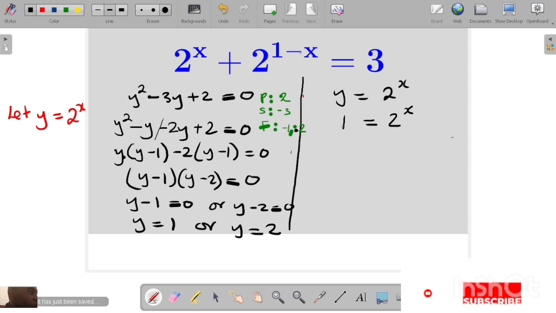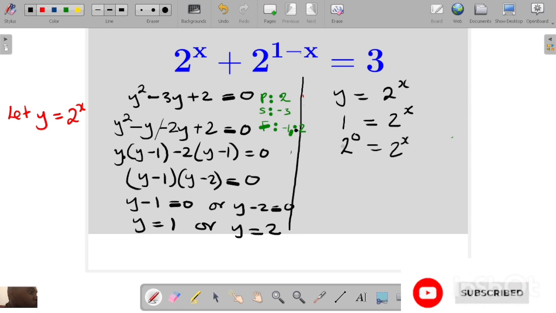So here you have 1, meaning you have to remember the laws of indices that says any number to the power 0 is 1. So if we say 2 to the 0, this still is 1, is equal to 2 to the x.